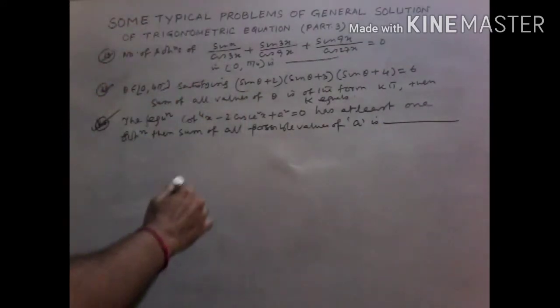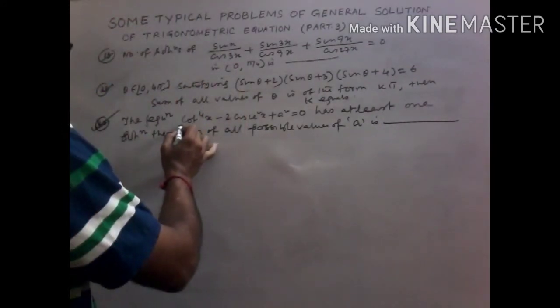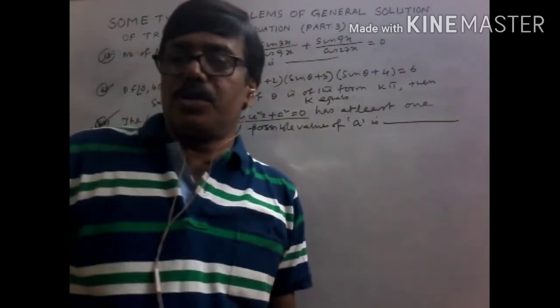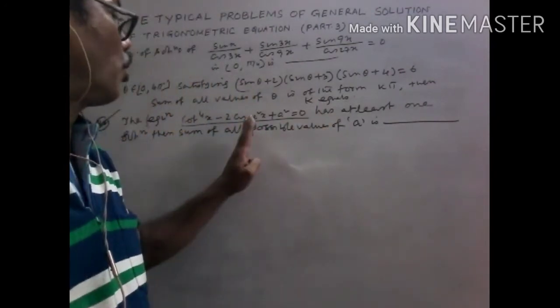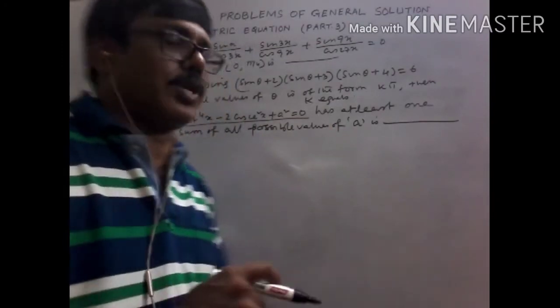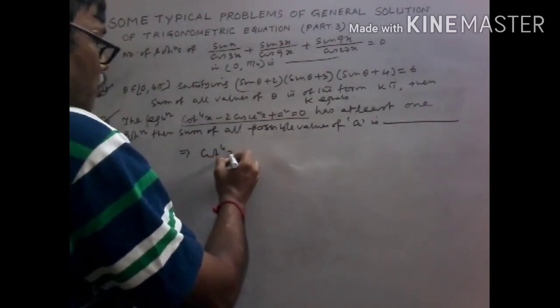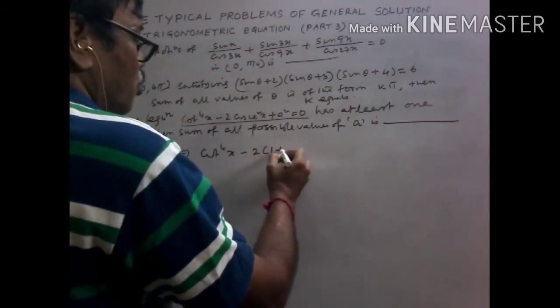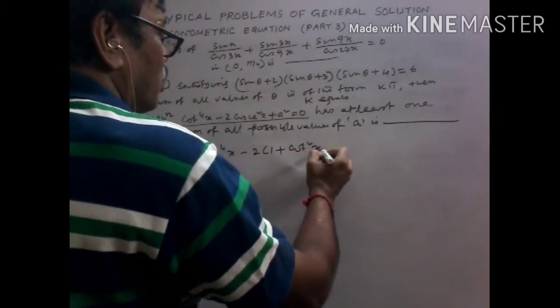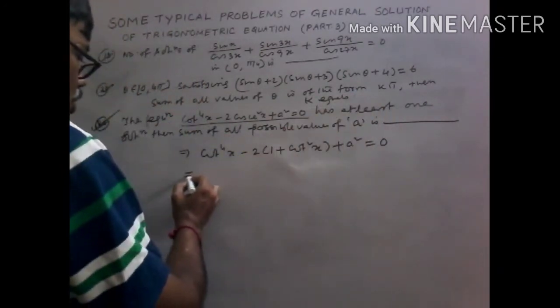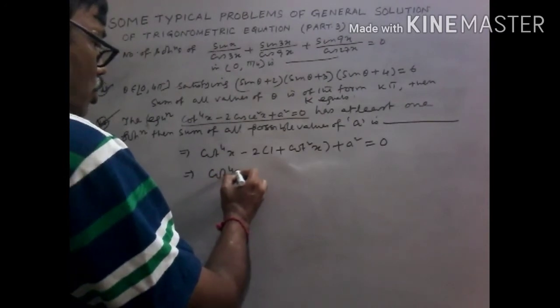Look. So equation is cot to the power 4x plus 2 cosec square x plus a square. So this is simple problem. So you have to transfer in terms of single trigonometric ratio. So cot to the power 4x unchanged. This is 2 into cosec square x, 1 plus cot square x, plus a square equals to 0. So what we are getting?